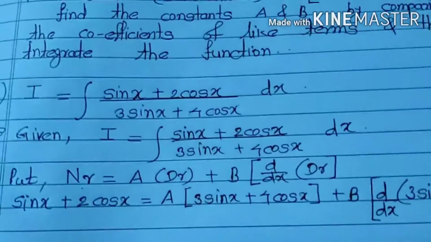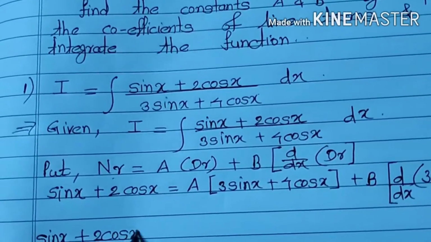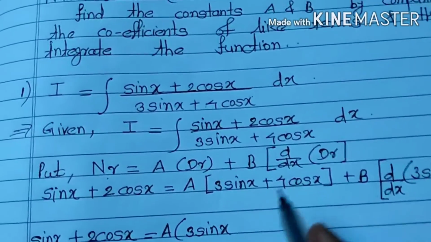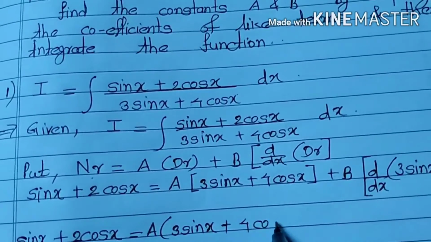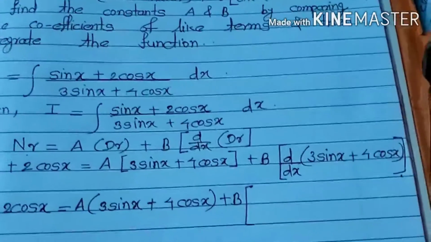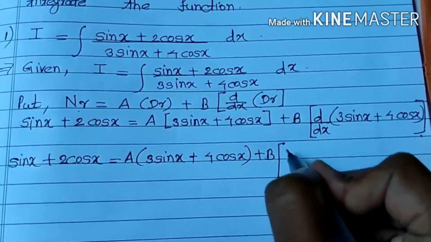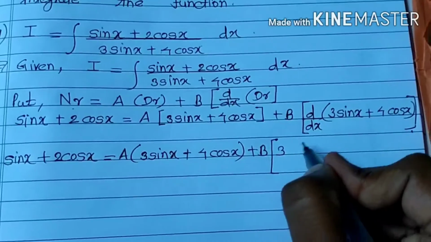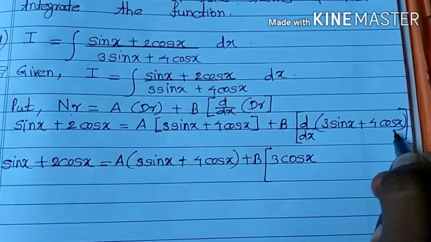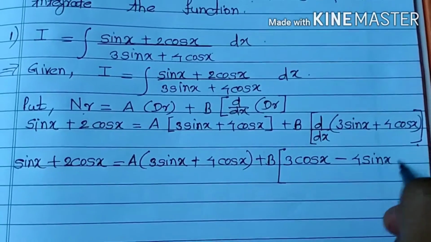So it will become plus b. Now derivative of this: derivative of 3 sin x, 3 as it is, derivative of sin x is cos x, plus 4 as it is, and derivative of cos x is minus sin x. So minus 4 sin x.